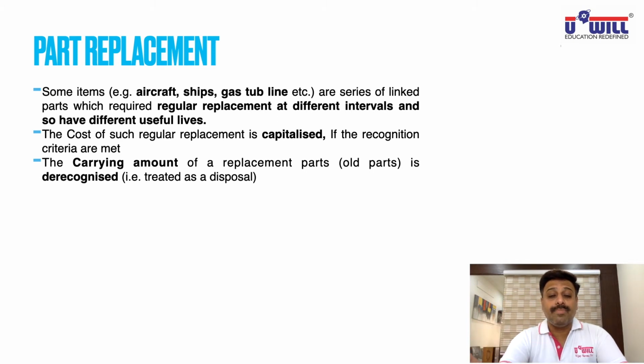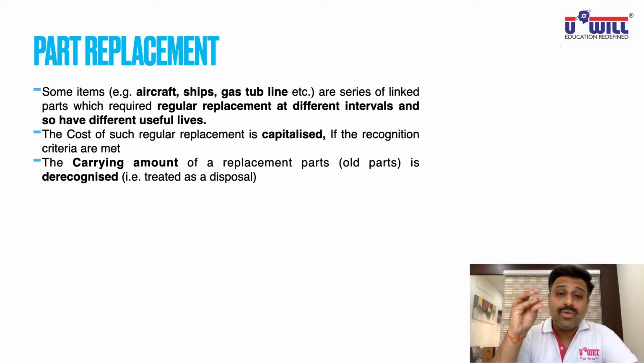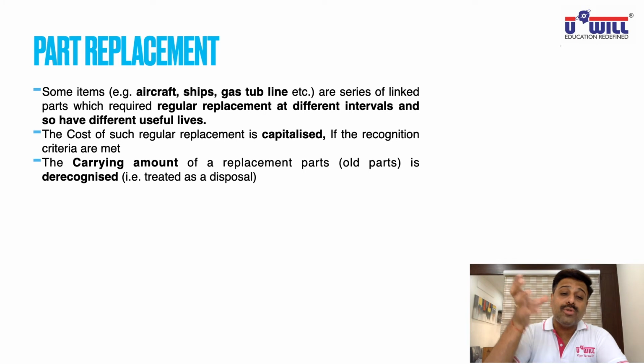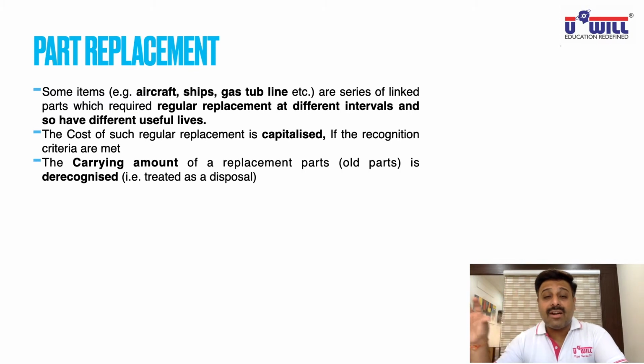It's a big amount. Now you may ask a question, sir, the aircraft itself is hundreds of crores of rupees, so of course its parts are going to be major only. But its parts have their useful life also. If you replace a small part in the aircraft, engine, batteries, etc., they have their own useful life of 4 years, 5 years, 7 years, after which you will replace them again. So all small parts are treated as different assets in our books of accounts.